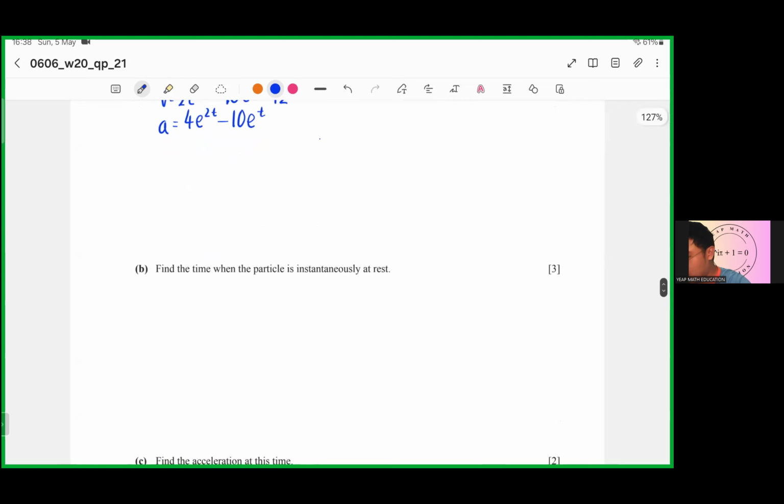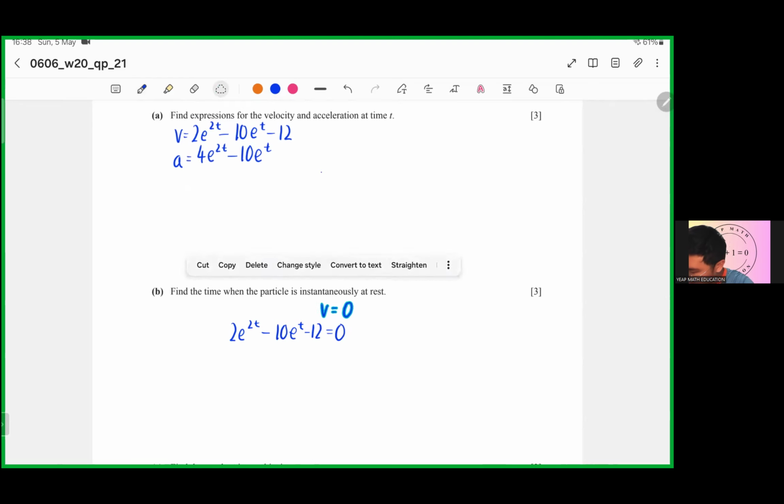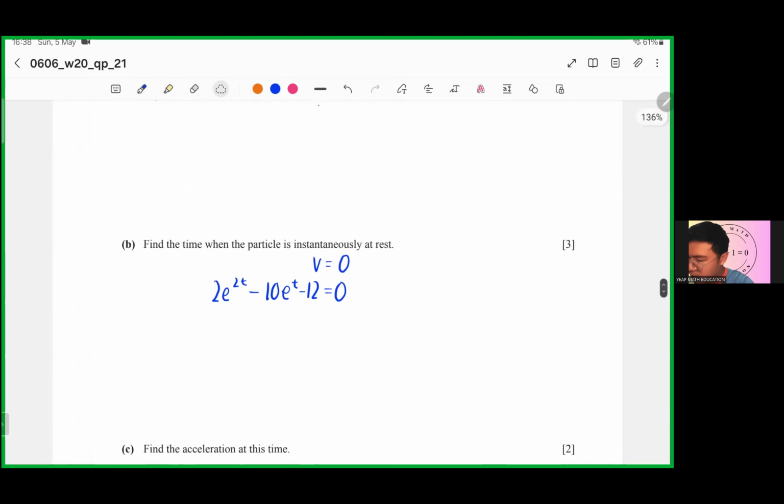Now we look at the next part. Find the time when the particle is instantaneously at rest. It means v equals 0. So we take 2e^(2t) minus 10e^t minus 12 equals 0. We can divide by 2: e^(2t) minus 5e^t minus 6 equals 0.